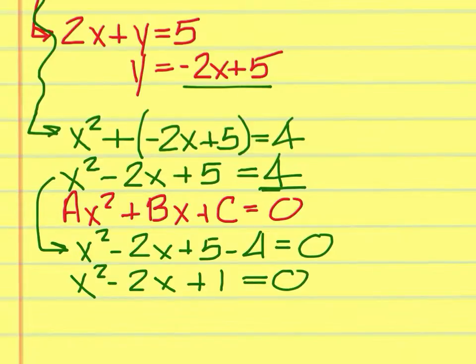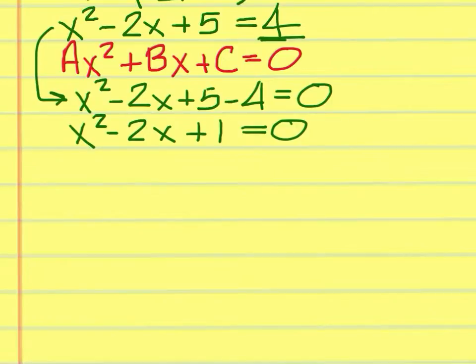And once you get your quadratic equation set up, you have 3 options. You can complete the square, you can use the quadratic formula, or you can factor. In this case, it's easily factorable. 2 numbers that multiply to get a positive 1 and add to get a negative 2 would simply be negative 1 and negative 1.